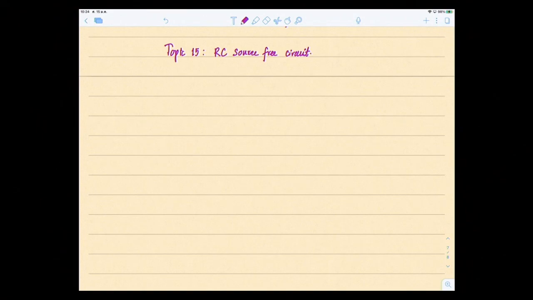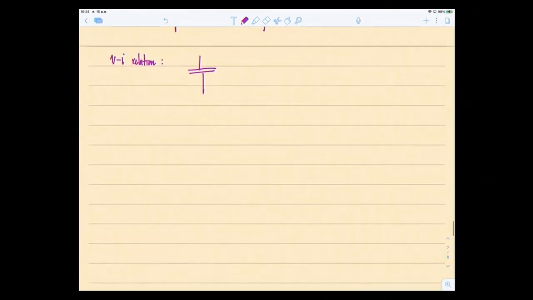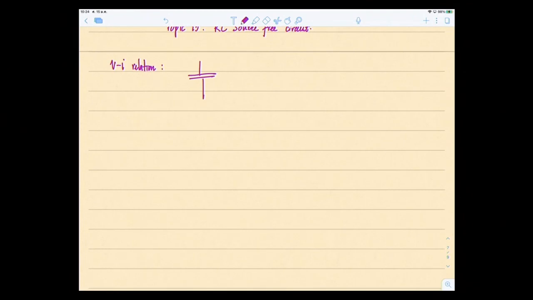Okay, so I will review some of the formulas for capacitor first, for the voltage and current relations. The sign convention is you have a capacitor with the value C, your capacitance, the current flowing through the capacitor, and there's a voltage drop across it, V or VC in some of the problems.